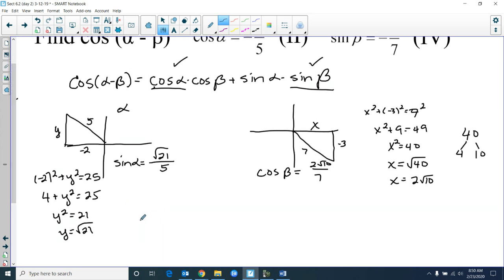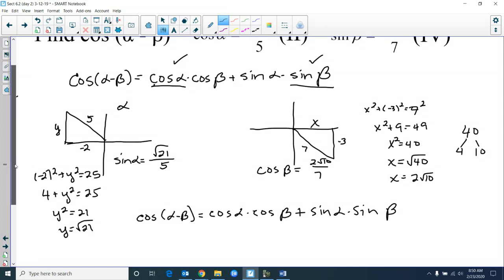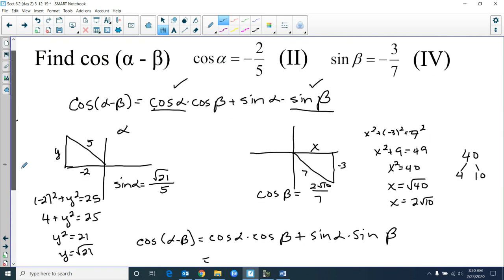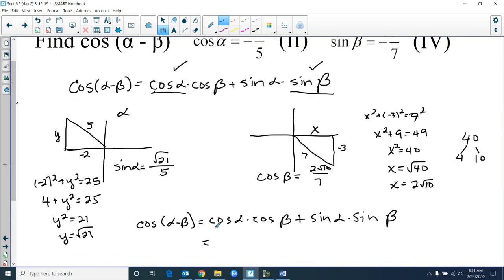All right, let's figure out our answer. Cosine alpha minus beta equals cosine alpha times cosine beta plus sine alpha times sine beta. Double check, triple check, watch your signs when you're done. All right, cosine alpha at the top, negative 2/5.